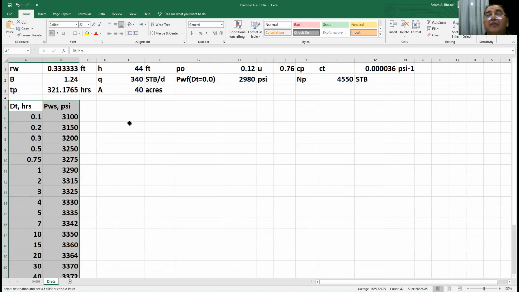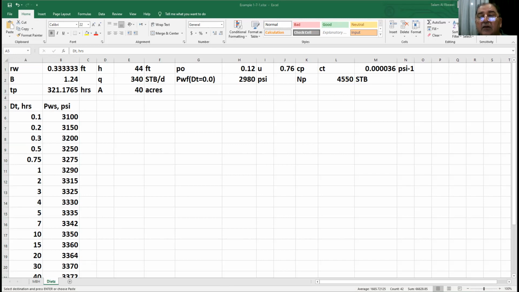Now for this question, we know the shape of the drainage area. It is a square drainage area. So basically, we're going to go to the same table and see how much the shape factor is for a square drainage area. I'm going to do it by myself. I'm going to go to table 1.46 again and look for the shape factor.